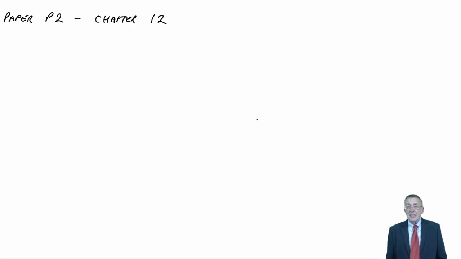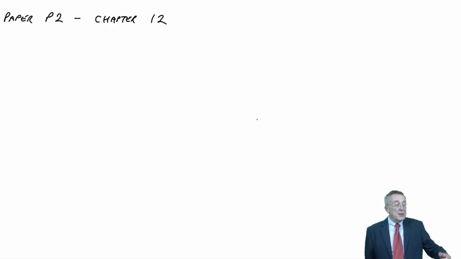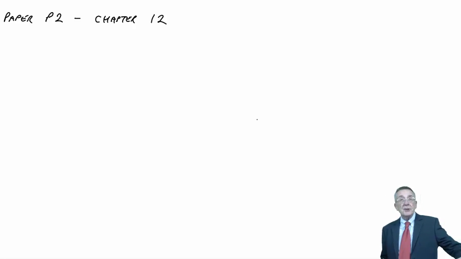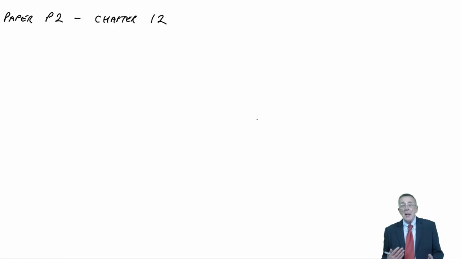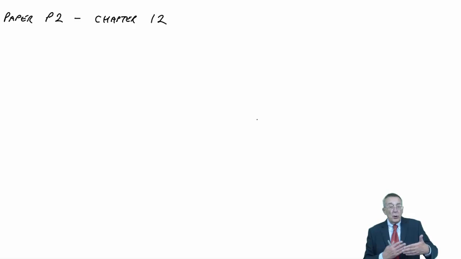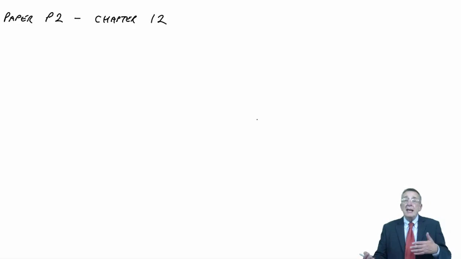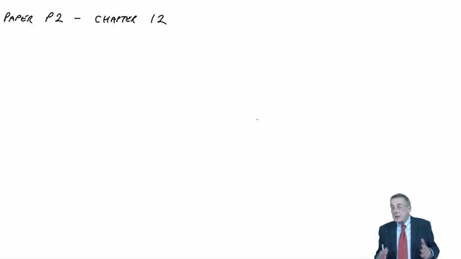And the basic idea is very simple. Quite frankly, all we do is we say, well, how much cash will it cost to buy the machine? How much cash do we expect to get back from the machine? And if we get back more than we pay out, it's worthwhile. If we get back less than we pay out, it's not worthwhile.